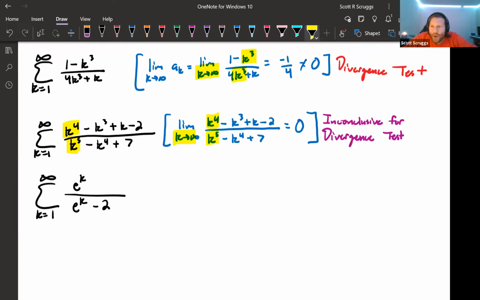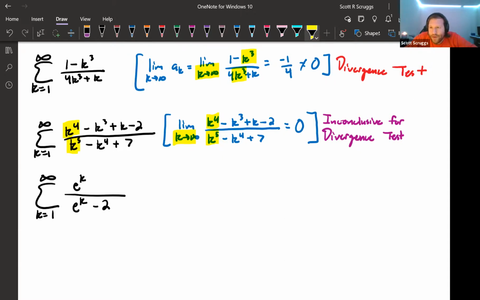The reason I know that is because the terms in my series look similar to a rational function. Now, I don't want to say they are a rational function, because these are the terms within a series, not a function we've seen in Cal 1 before. But I would use a comparison test here because the terms in the series do look similar to terms of a rational function.